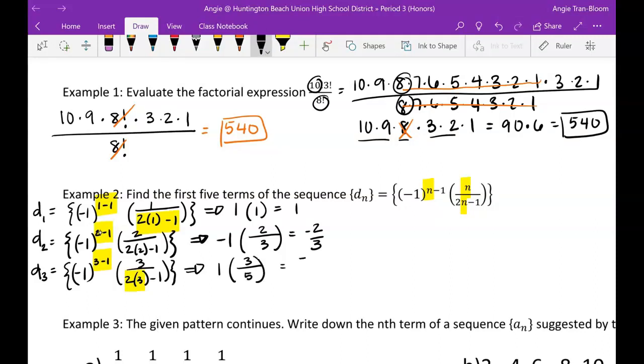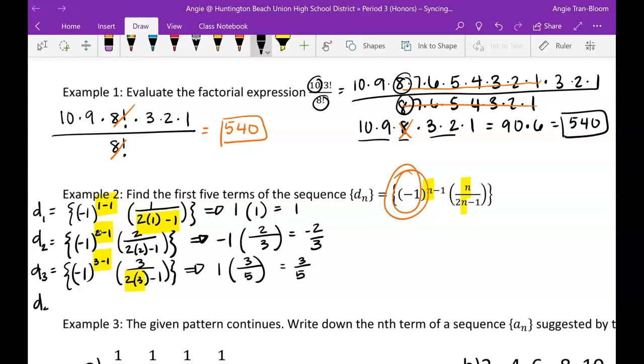So this is going to give me a positive 3 over 5. Now, I think I brought this up before. Anytime you have a -1 in the front, that means the signs are changed with each term. That's the reason why there's a -1 there.